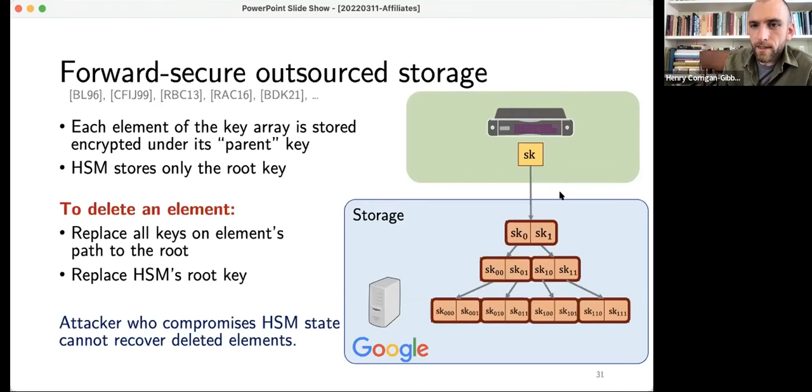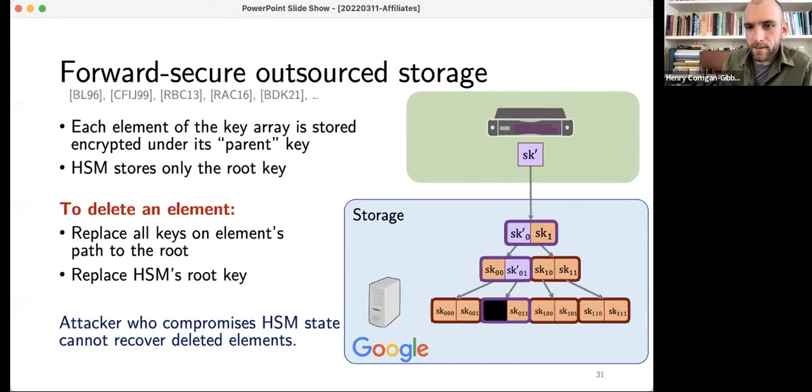And then when the HSM wants to securely delete an element in this tree, it deletes the element, tells the data center to delete this element, and then the HSM re-encrypts all the nodes on the path to the root with fresh encryption keys. And then the HSM replaces its internally stored root encryption key with a new one.